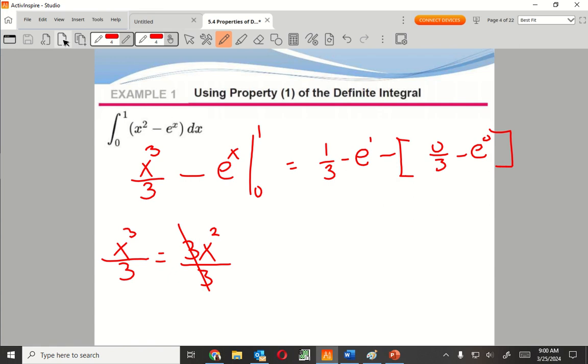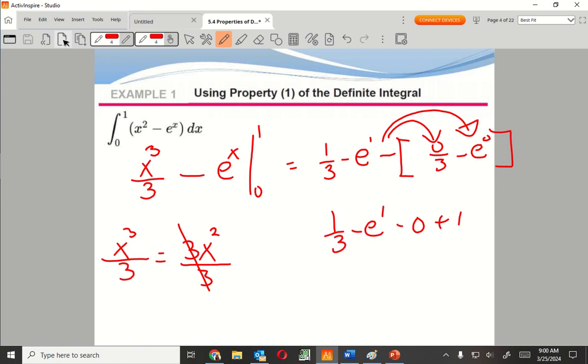All right, so where are we at right here? So this is going to be 1/3 minus e to the first. And this is now going to be, what is 0 divided by 3? 0. What is e to the 0? 1. But it says minus 1, so this is now going to become plus 1. So it's going to be minus 0 plus 1, just to show that I'm distributing both of those right there, okay?